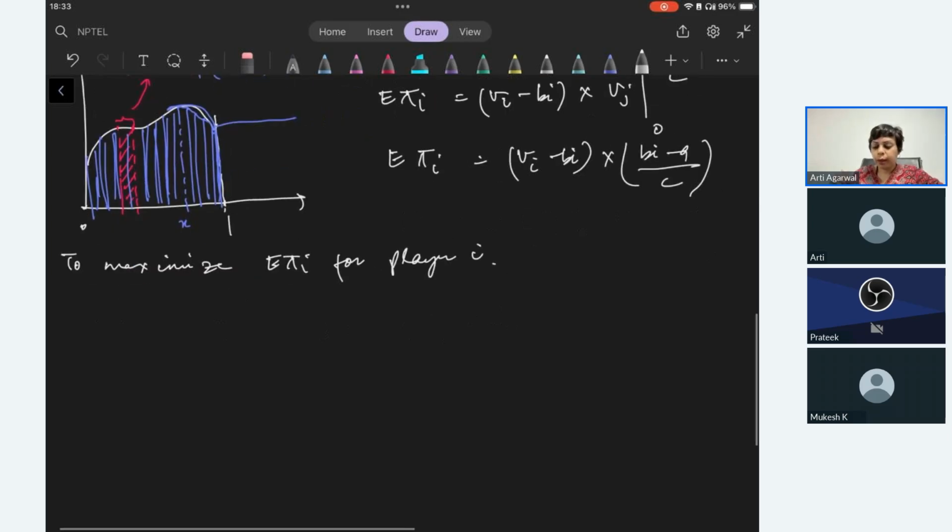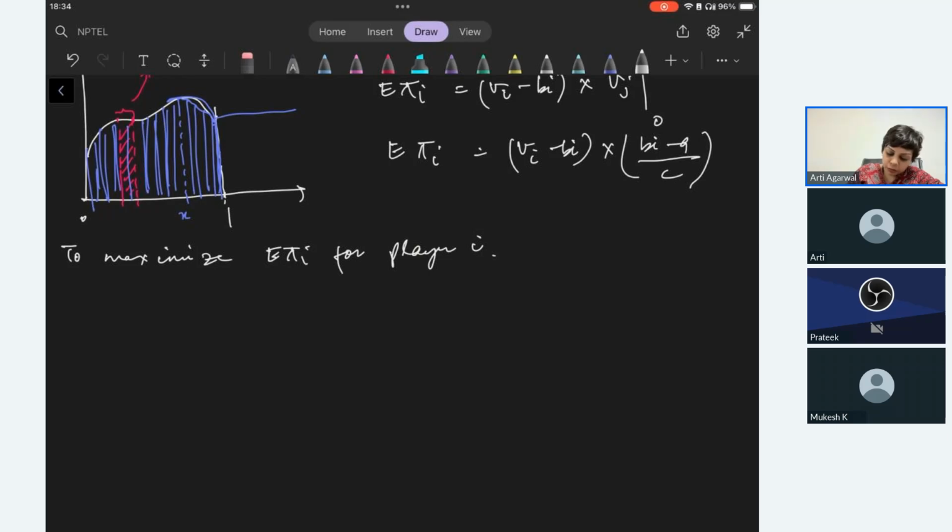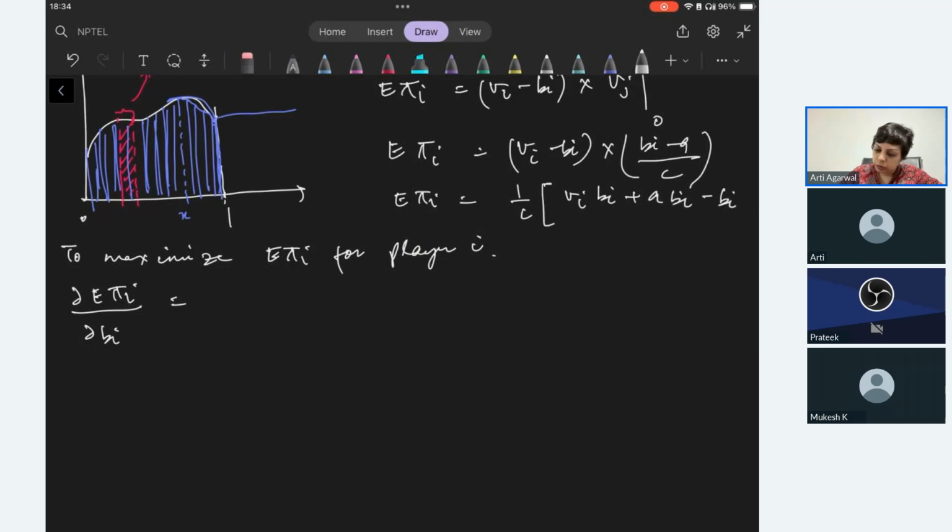So the main thing which I can choose to maximize my expected payoff is BI. So we will take a partial derivative of this with respect to BI, and let me rewrite this to make the differentiation easy. This is plus ABI minus BI square, and minus ABI. Okay, let's differentiate this.